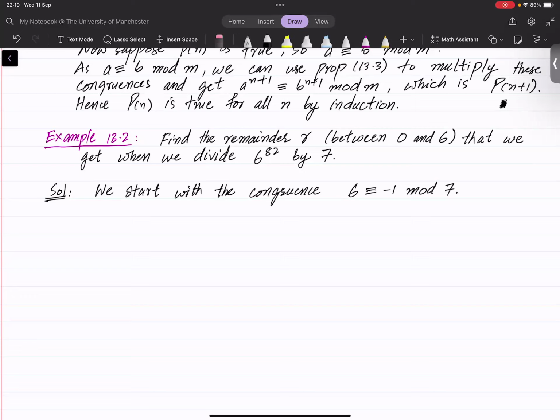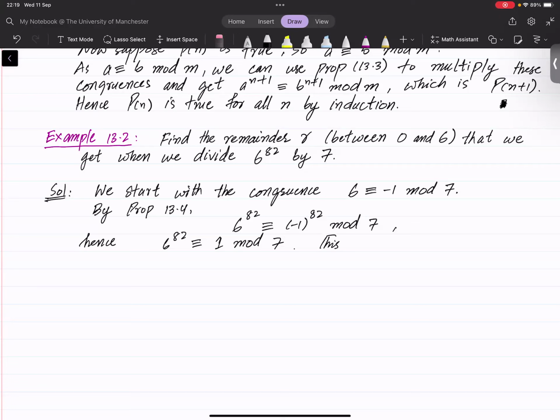Now by proposition 13.4, we can raise this to the power 82 to get that 6 power 82 is congruent to minus 1 power 82 mod 7. Hence, 6 power 82 is congruent to 1 mod 7.